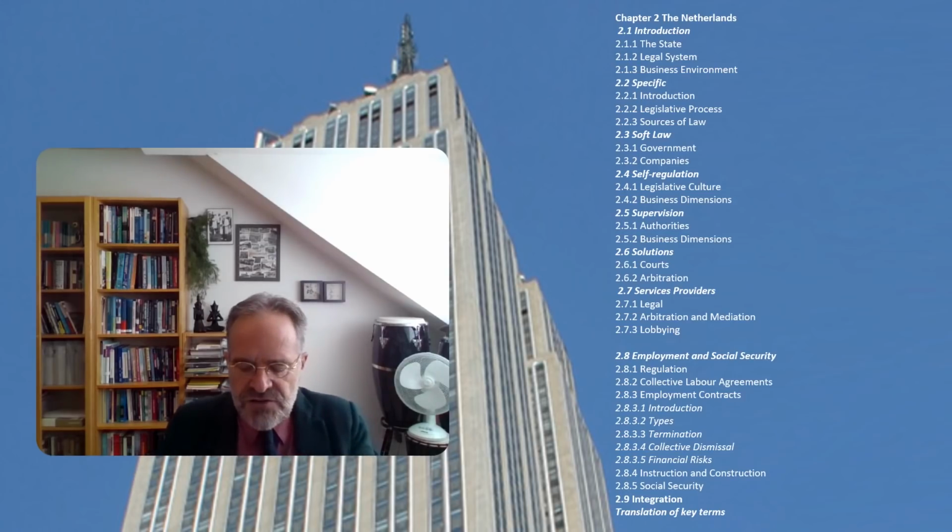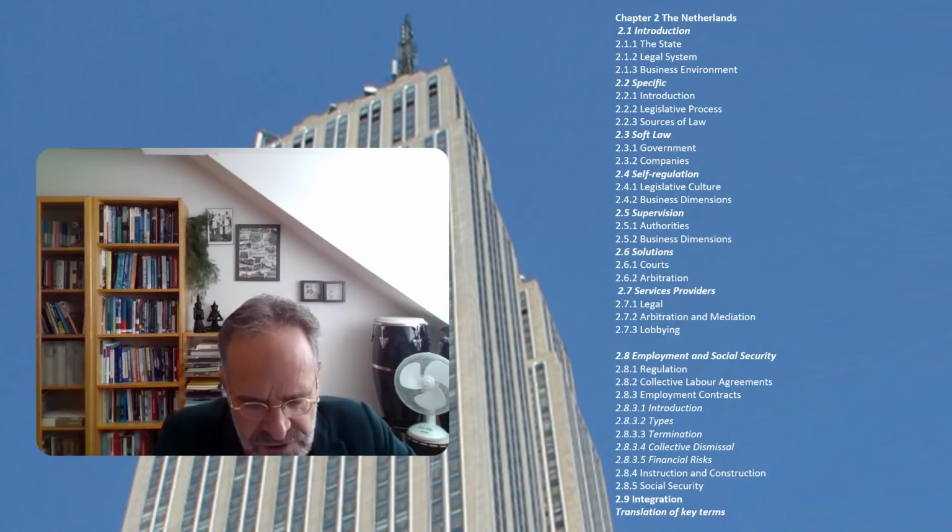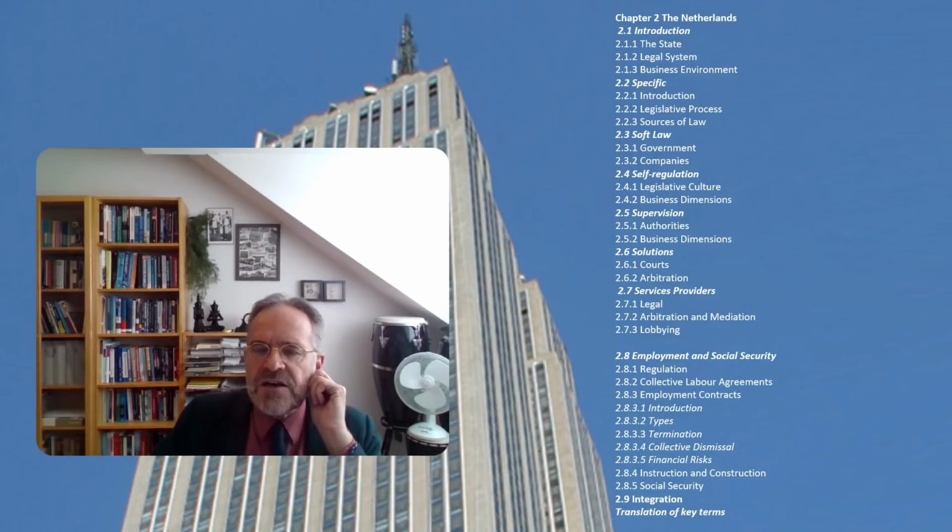The structure will allow you to quickly draw up a picture, and that information will be helpful to you in developing strategies. Ultimately, the internal and the external analysis provide what we very fashionably call strategic input. Now you see this structure reflected in chapter 2's index. Here we go and start with a slight introduction. Then we go to the 6 S's: specific, soft law, self-regulation, supervision, solutions, and services providers.